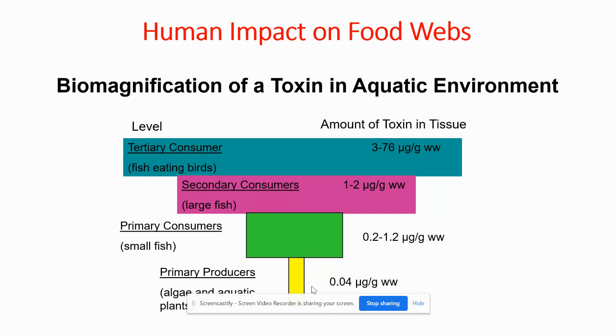We see this in aquatic environments as well with mercury. So you've probably heard about mercury content in fish. I know I have 2 kids, and being pregnant, you have to be careful about which type of fish you eat because mercury accumulation in certain types of fish is more than others. And so that's another example of seeing it in our world.